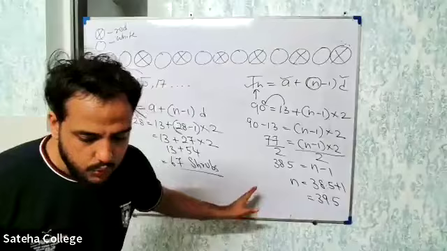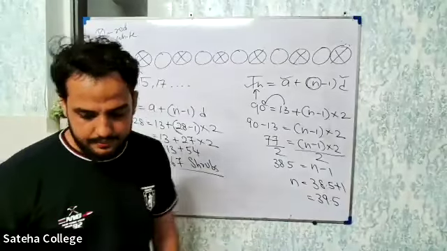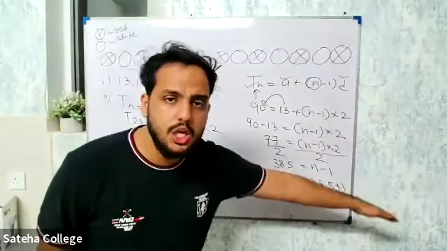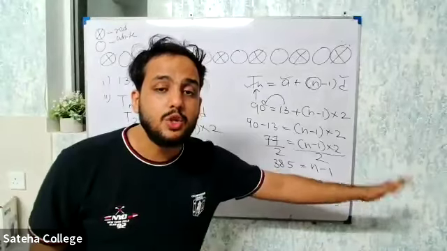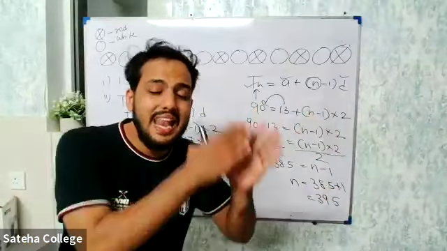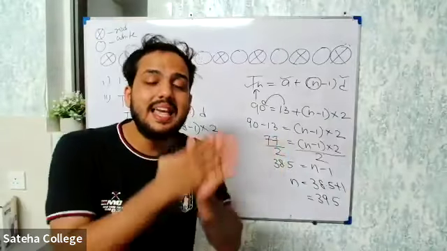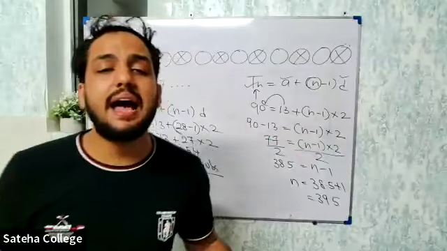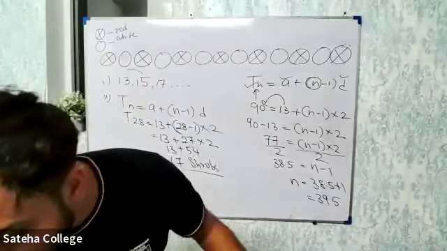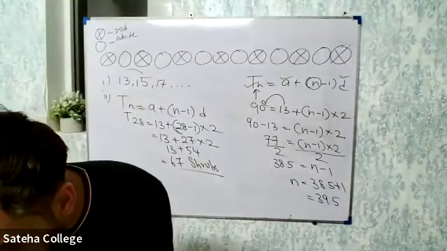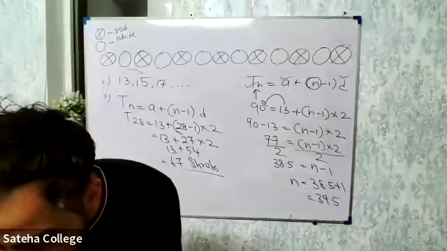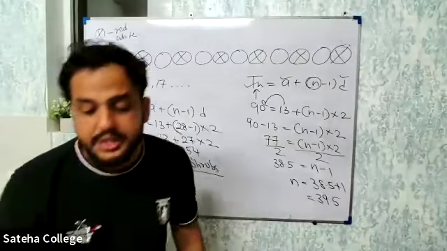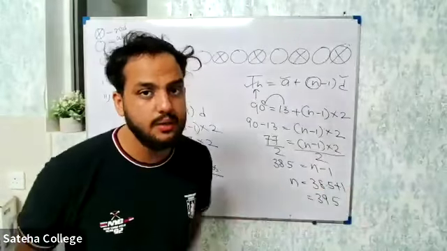The 39th row, will it have more than 90 or less than 90? Less than 90. So the 40th row will have more than 90. So the 39th row is the last row where there are less than 90 flowering shrubs, and any row before that will definitely have less than 90. So tell me, how many rows have less than 90 flowering shrubs? Is it 39 or is it 40?